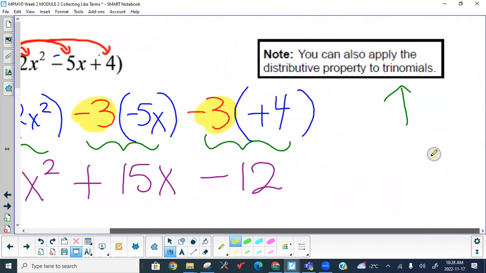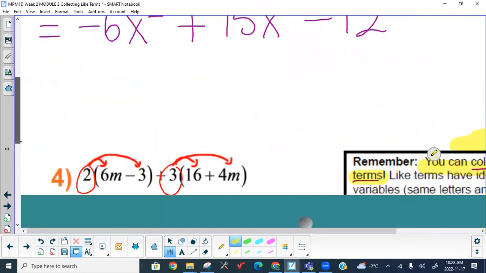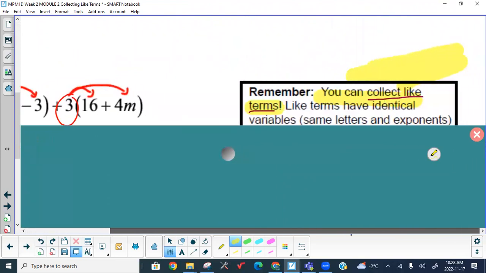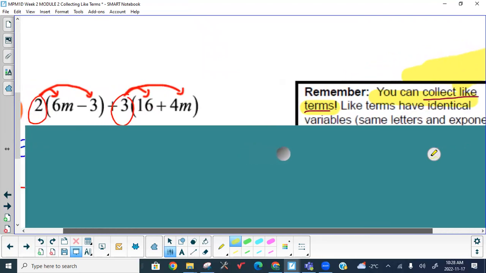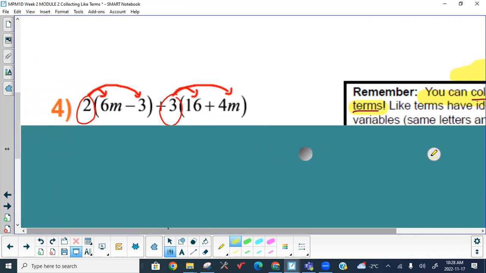You can apply the distributive property to trinomials, but you can, oh, that's not my note that I wanted. It says you can collect like terms, but the like terms have to be identical variables, same letters and same exponents. Notice this time we are doing the distributive property twice.